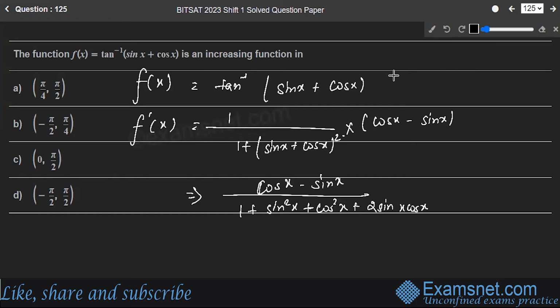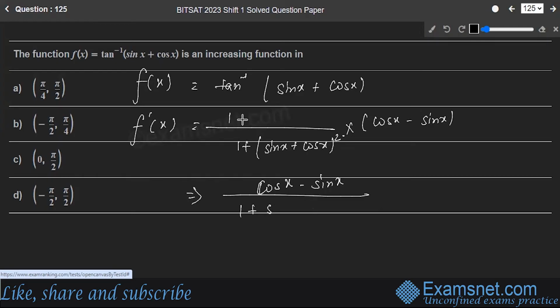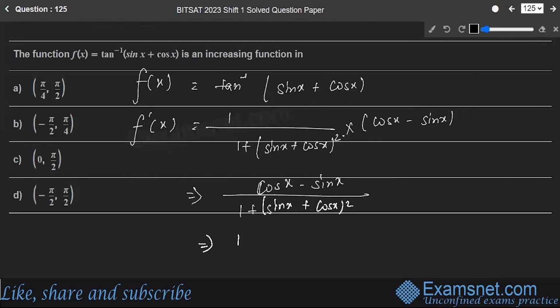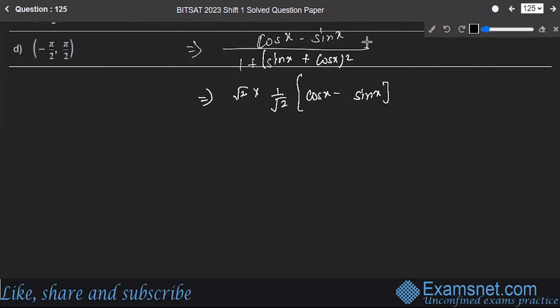Or this will be equal to cos x minus sin x upon 1 plus sin x plus cos x whole square. I'll do one thing. I will not open up the square. I'll leave it as such. It will help me. Now, cos x minus sin x divided by 1 plus this.